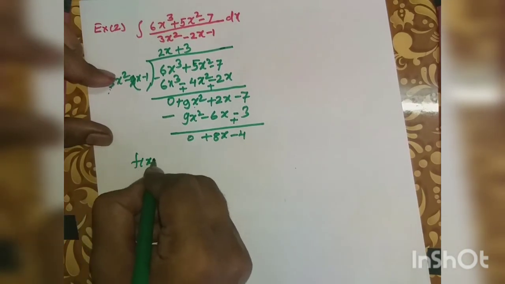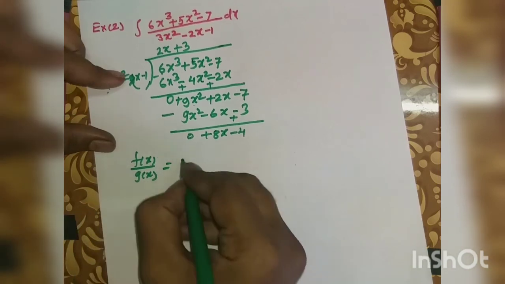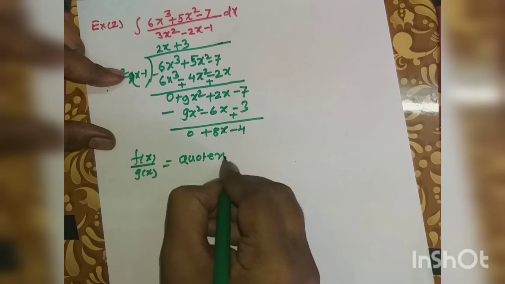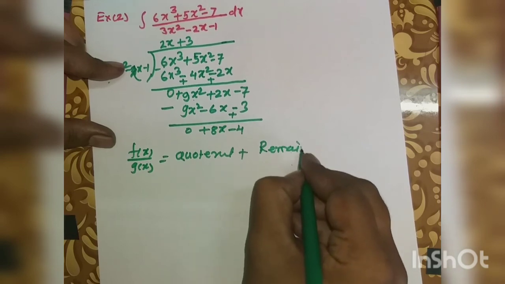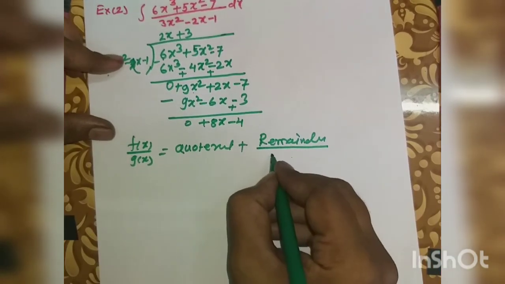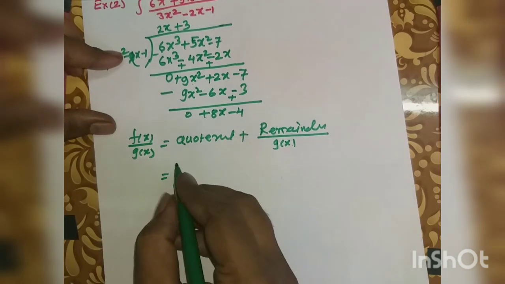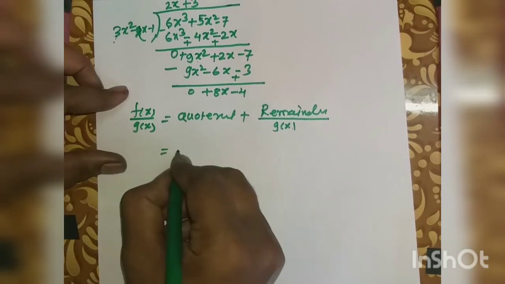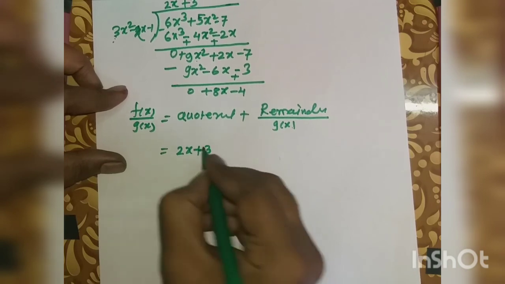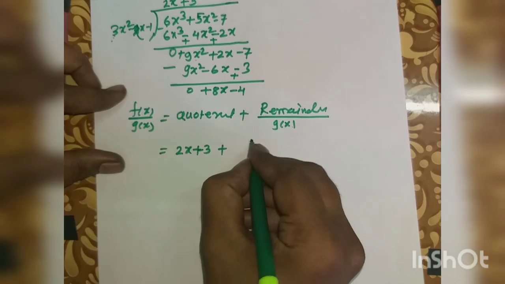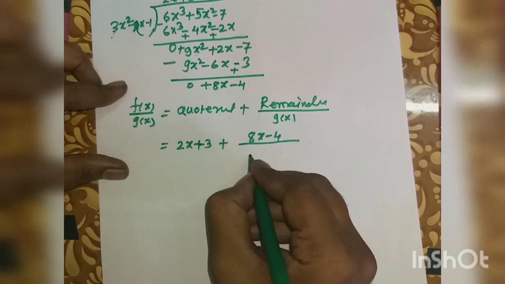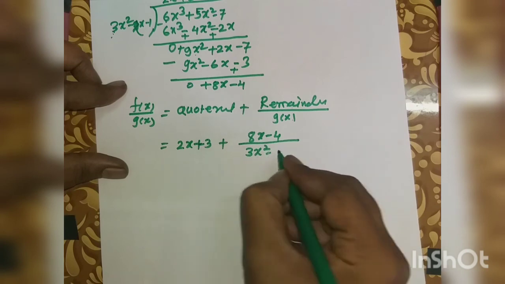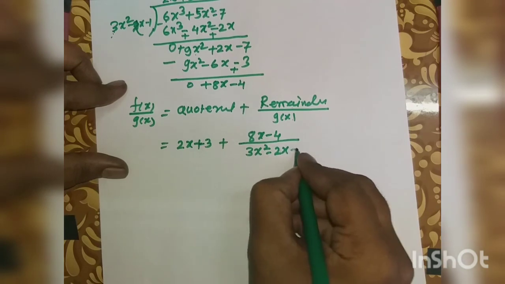That means f of x divided by g of x is equal to quotient plus remainder divided by g of x. Here the quotient is 2x plus 3, plus 8x minus 4 whole divided by g of x, which is 3x square minus 2x minus 1.